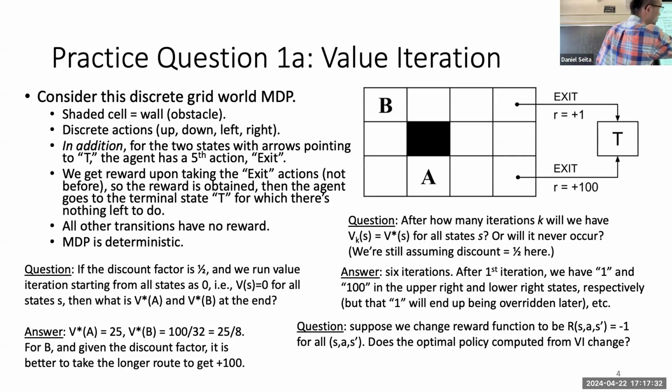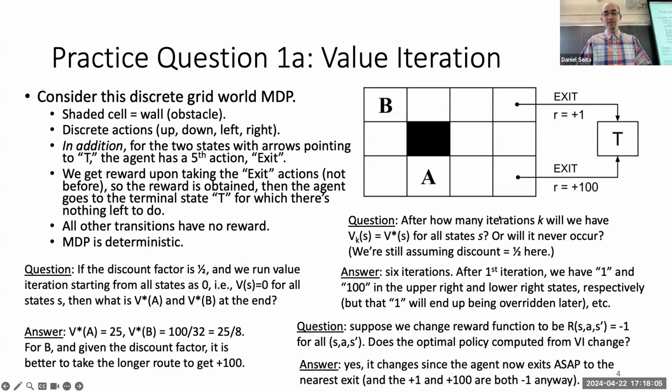But if you change the reward to be -1 everywhere, then the optimal policy will tell you to exit instead of going down and then exiting, because every reward is -1. The agent wants to leave as early as possible. You can compare other states, but I think the easiest one conceptually is this one, because you can exit right away. Otherwise, with the older reward system, it's better to go down and then exit.